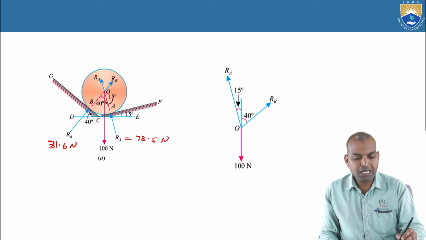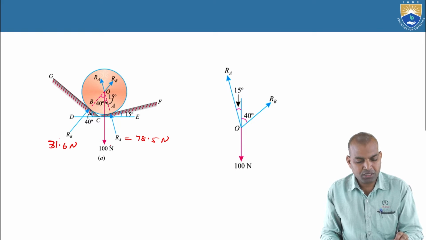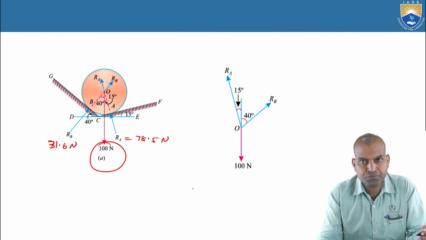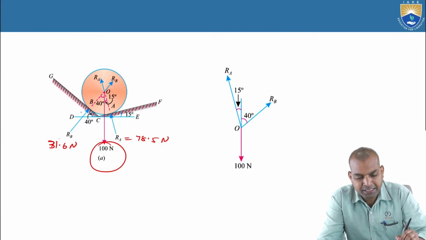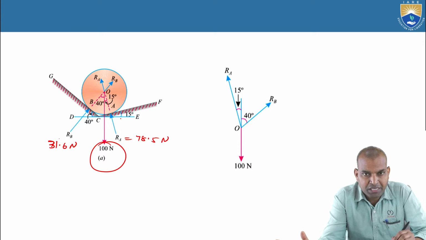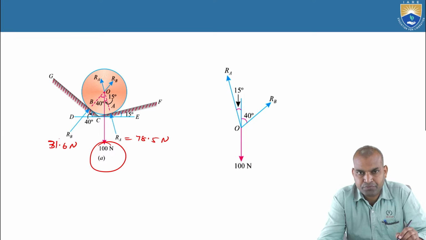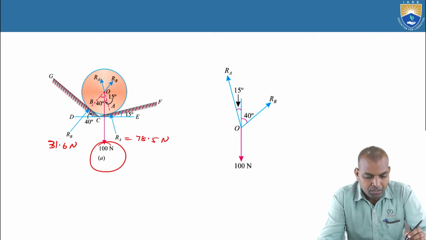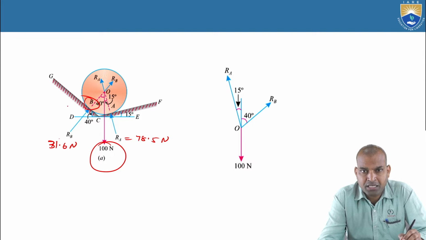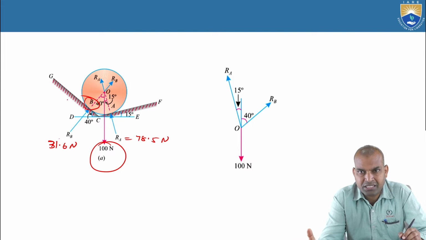So, the 100 newtons force is acting when the body is in contact with the 40 degree plane here and the 15 degree plane there. The 15 degrees inclination plane is experiencing more reaction force, more load, in comparison to the contact surface at B. The contact surface at B is making the larger angle, that is 40 degrees.